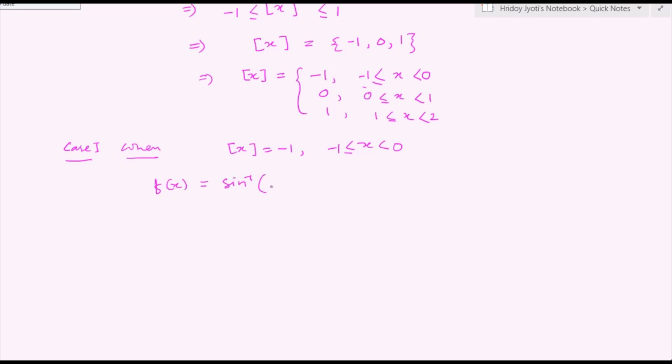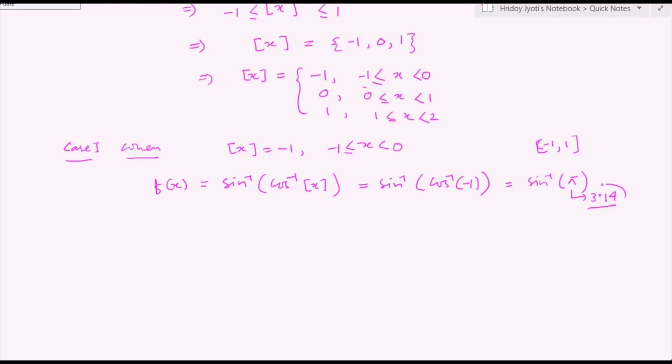Then the function f of x will be equal to sine inverse of cos inverse of -1. Cos inverse of -1 we know to be equal to pi. So sine inverse of pi. Now you see the value of pi is 3.14, and sine inverse function का domain है -1 to 1, closed interval.